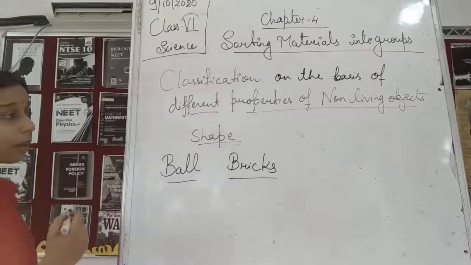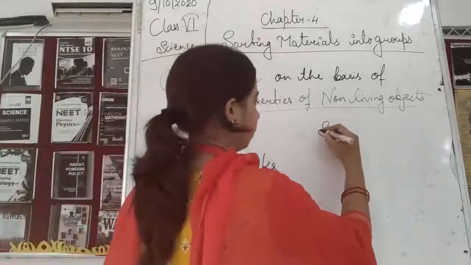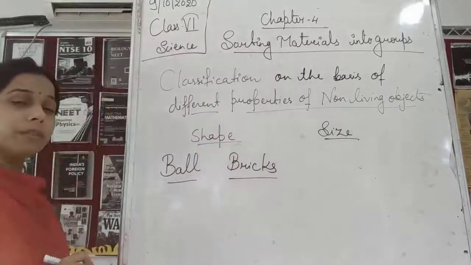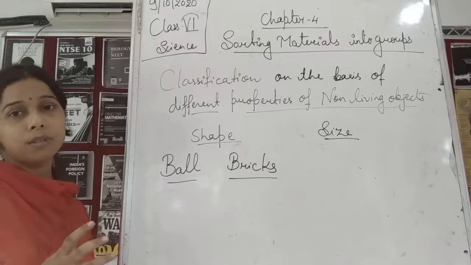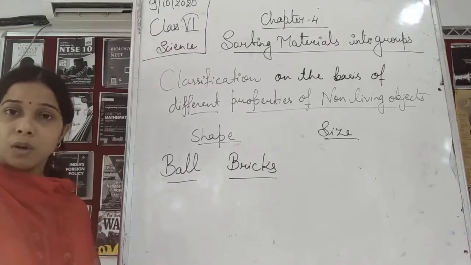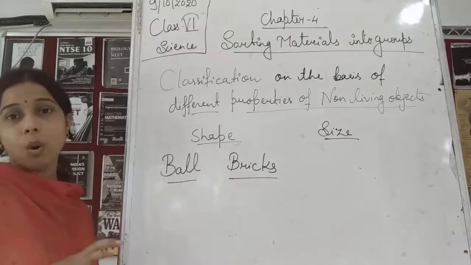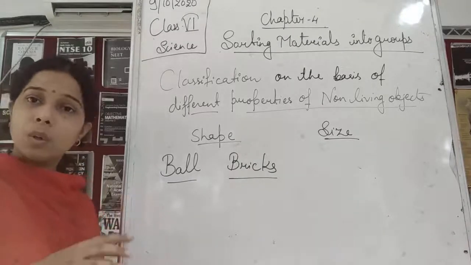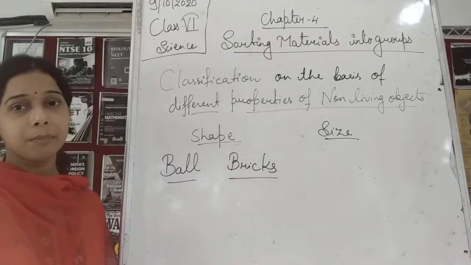Then on the basis of the size. There are objects which are small, and there are objects which are large. The object which is small, we will keep in the category of a smaller one, and the object which is bigger, we will keep in a bigger group.